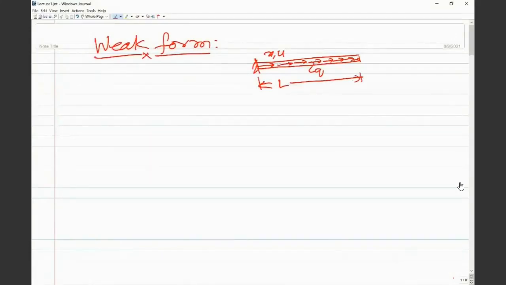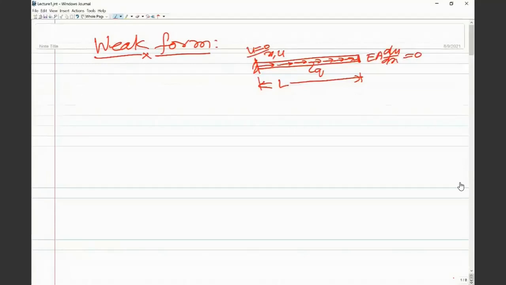The boundary conditions are u equal to 0 at x equal to 0, and the other end is a free end, so at x equal to l, EA du/dx equals 0.